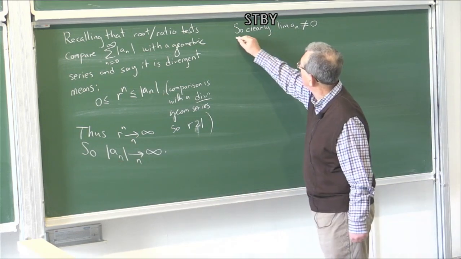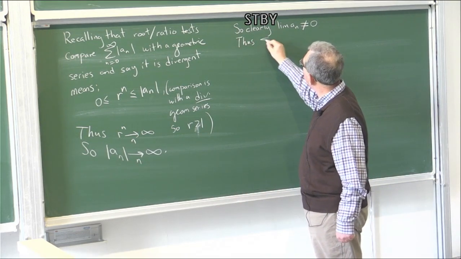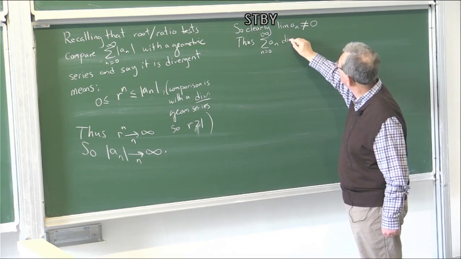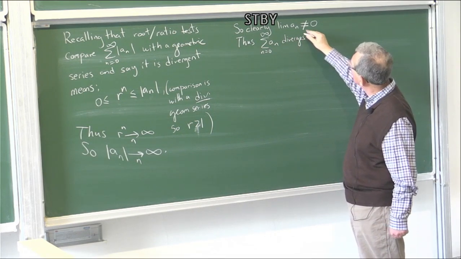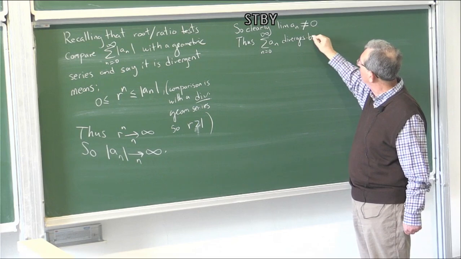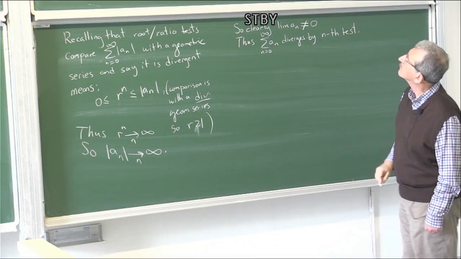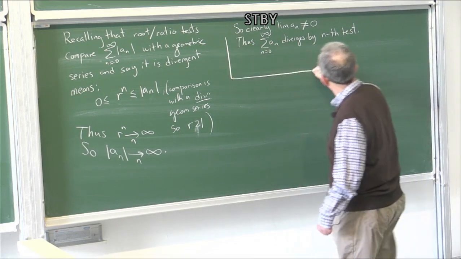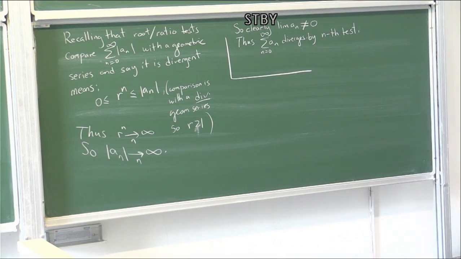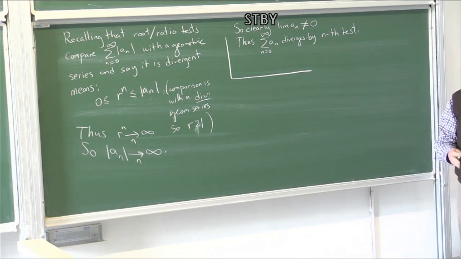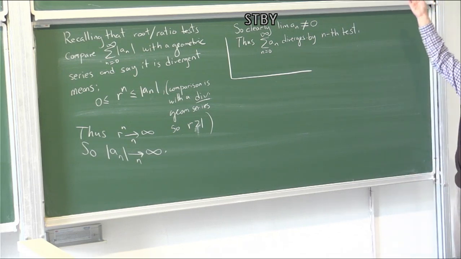So the series a_n diverges, because the limit is not 0, by nth term test. In short, if a series with absolute value diverges, you can't say anything about the series without the absolute value. But if the reason is root or ratio tests, you can say it.